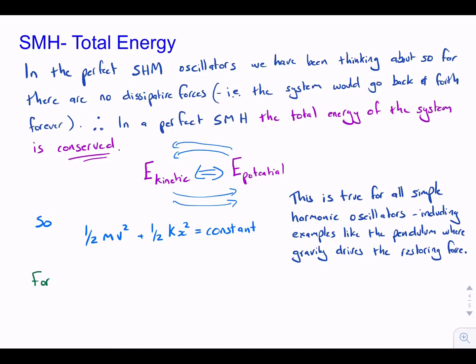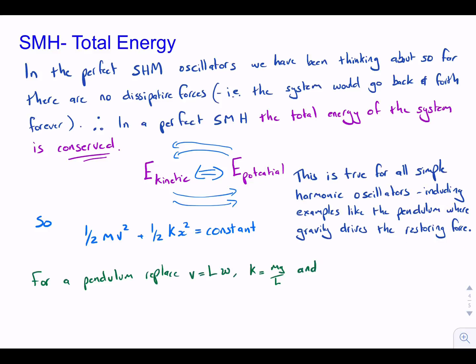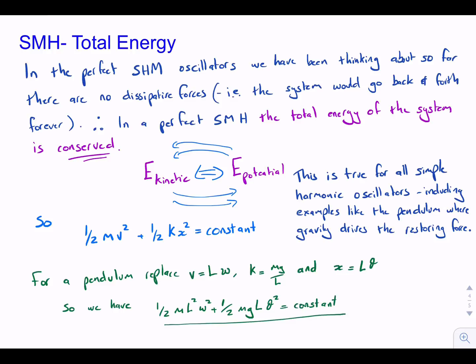To get the equations for a pendulum, we replace the velocity by L omega, k by mg on L, and x by L theta. If we sub these into the equation above, we have a half mL squared omega squared plus a half mgL theta squared equals a constant.